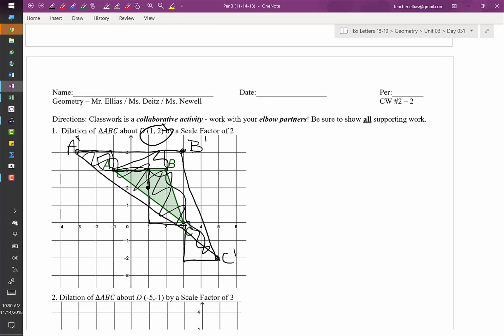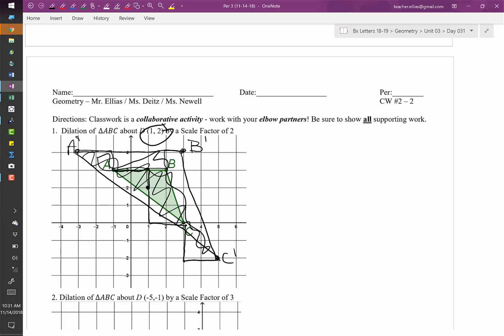While we come around and check, Cecilia just asked me whether she did this one wrong. She looked at her paper and saw it didn't look right. When you do your dilation, what do you notice about corresponding sides? What do they look like?